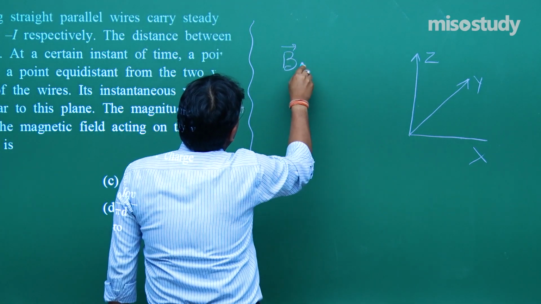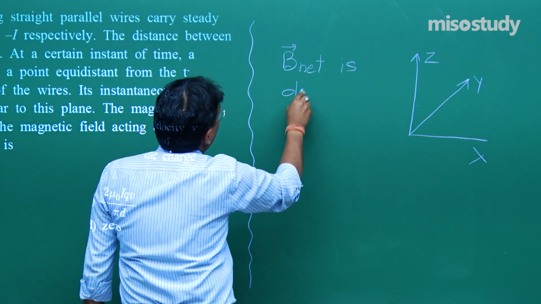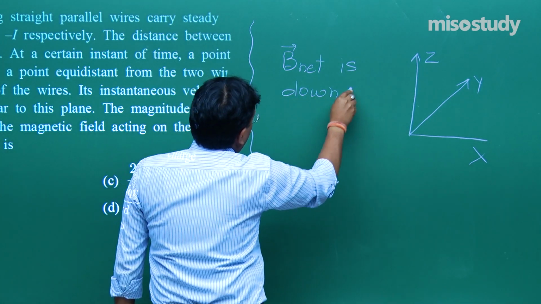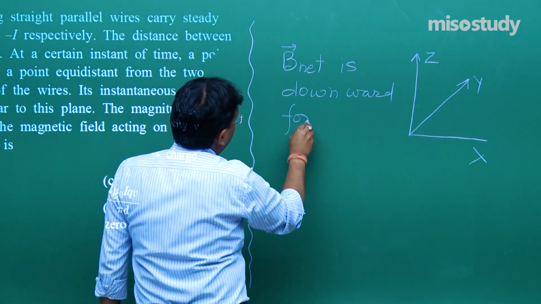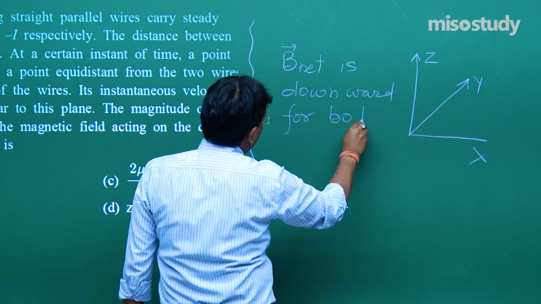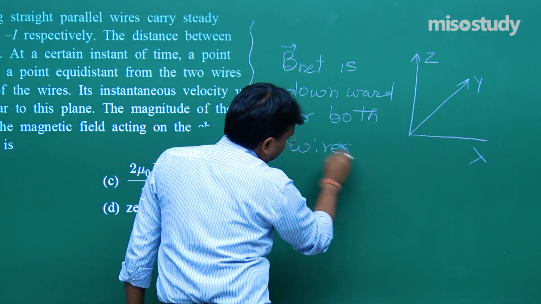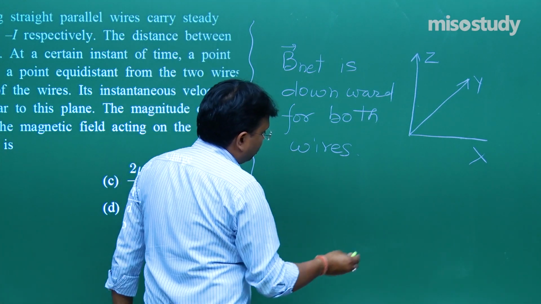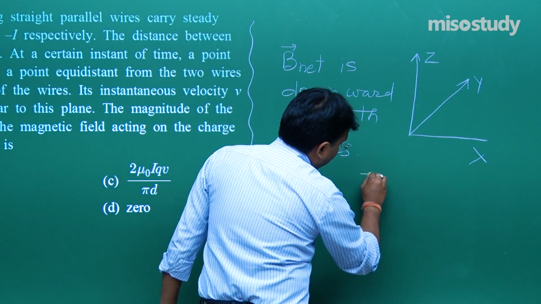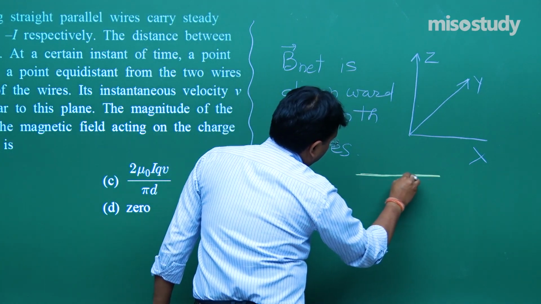B net is downward for both wires. I think I should redraw the diagram, because if the diagram is not present, it is going to be slightly difficult for all of you to visualize it.